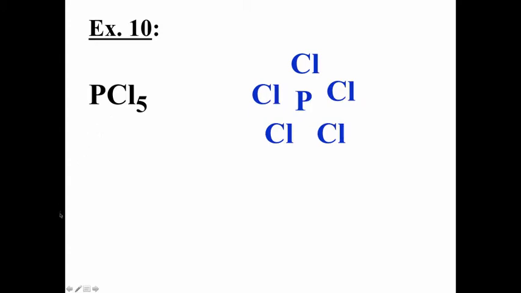And if we start putting the 40 total valence electrons around this atom in the middle and make bonds to the atoms on the side, we'll have a pair of electrons between phosphorus and each of the chlorines.